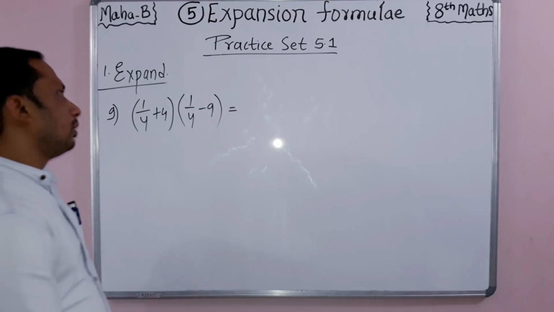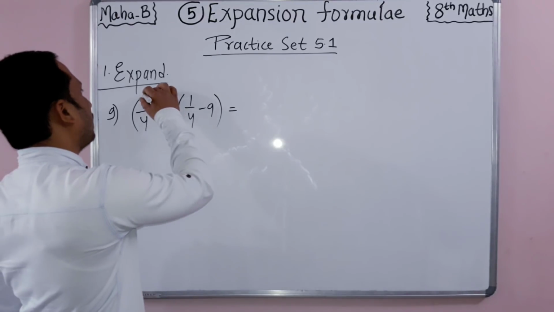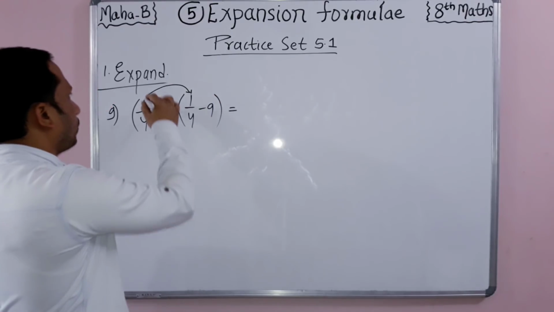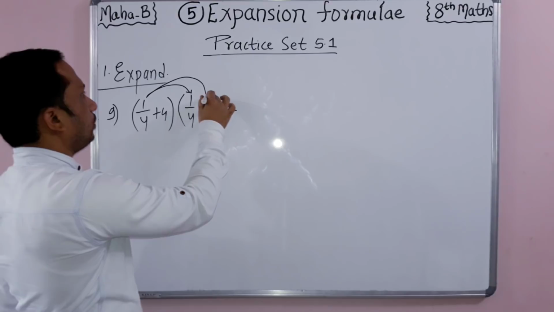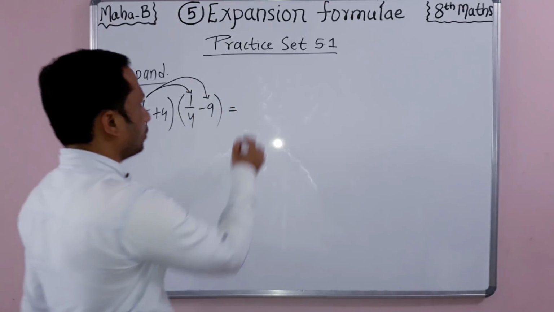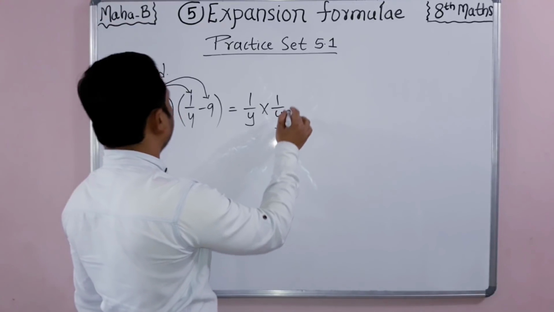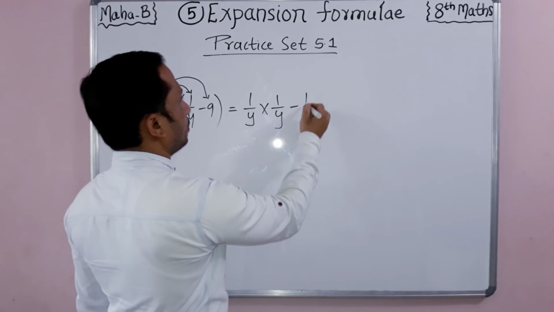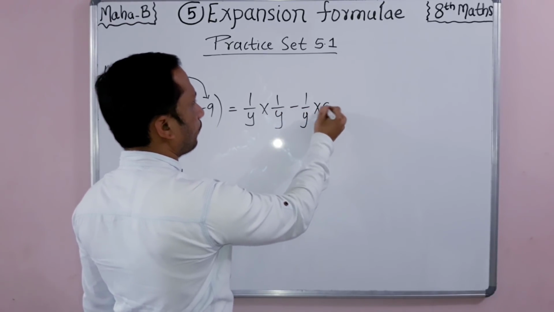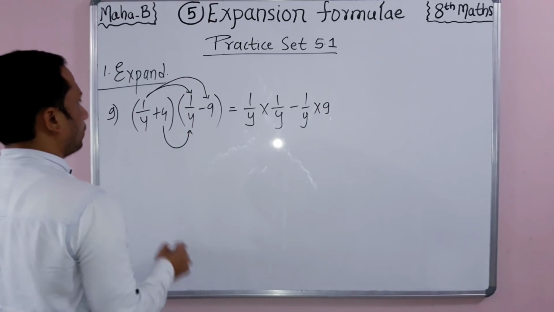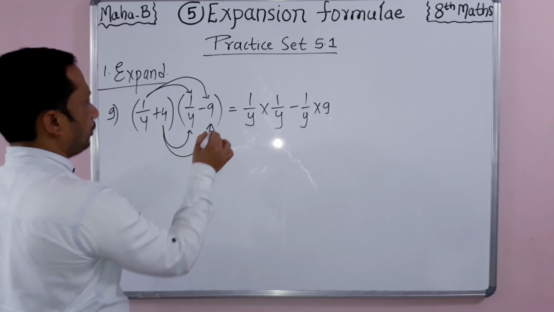We have to expand this, so apply the same rule. 1 upon y into 1 upon y and 1 upon y into 9 first. Then minus sign is there, therefore 1 upon y into 9, and again 4 into 1 upon y and 4 into 9.